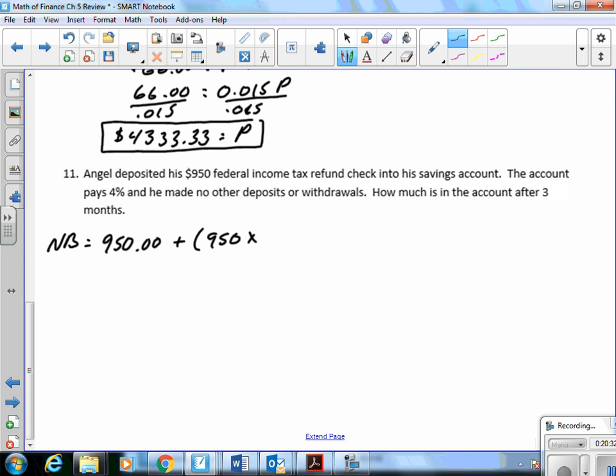So it's 4%. So move the decimal 2 places. So 0.04, and then it's 3 months, which from the other problems we know 3 months is 1/4 of the year.